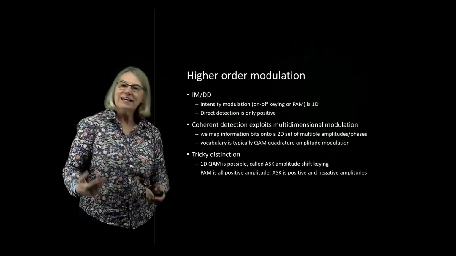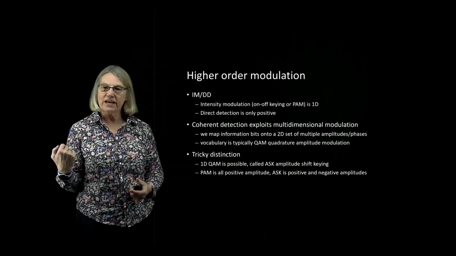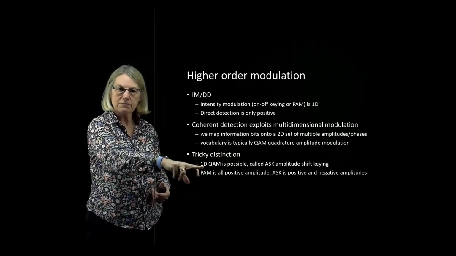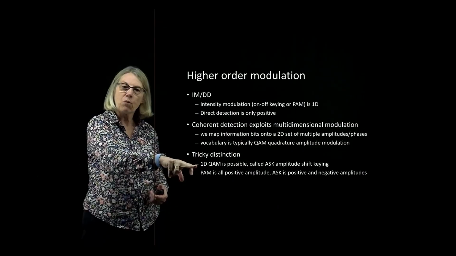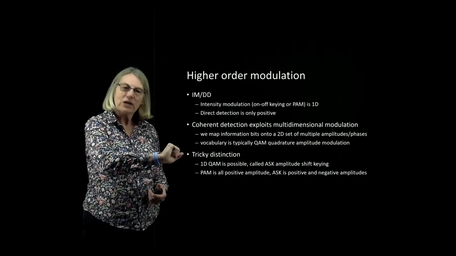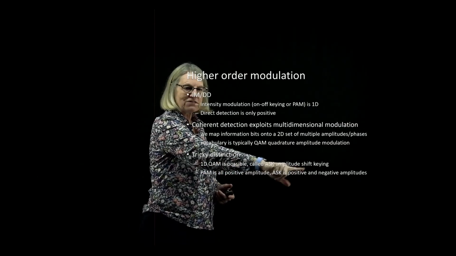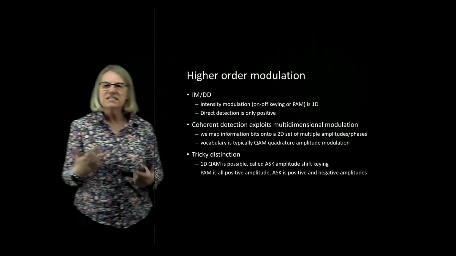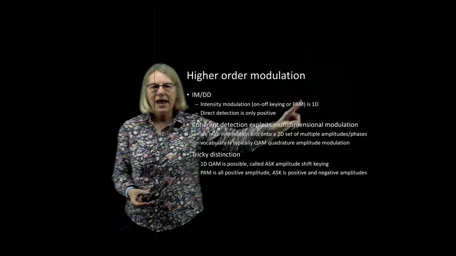Because I can do that, I can get a negative number, even if I'm in one dimension. And we call that amplitude shift keying, just to sort of distinguish it from PAM modulation.